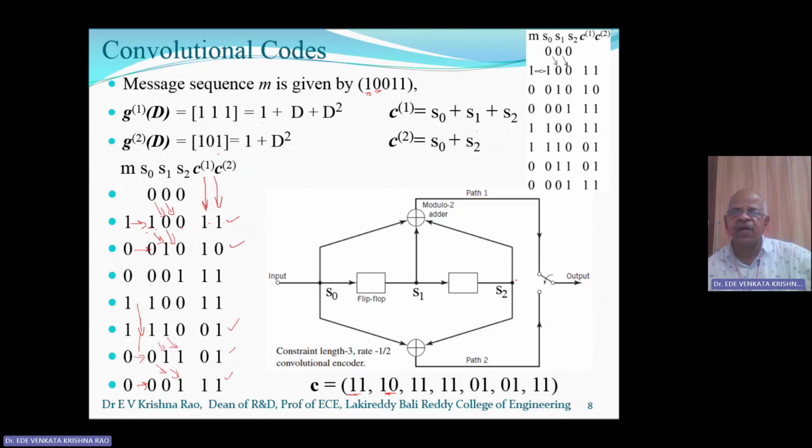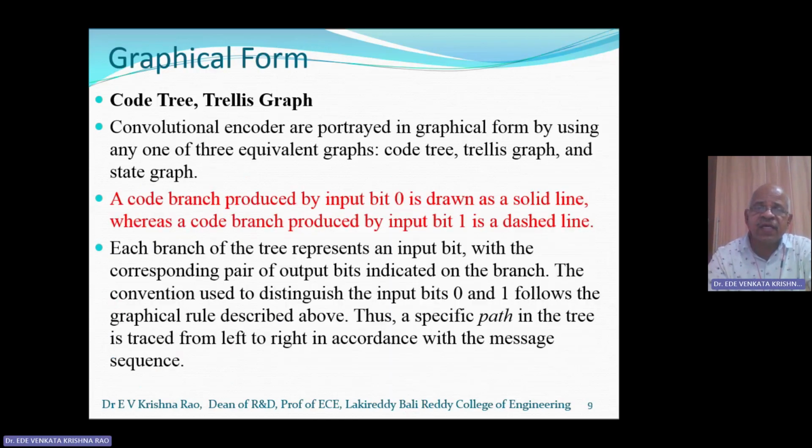See, for every combination, first bit either 1 or 0, you will get the code output. Second bit either 1 or 0, you will get the code output. Likewise, for all the combinations of message sequences like 1 0 0 1 1, the code outputs are generated, and these code outputs can be plotted, drawn in a code tree.